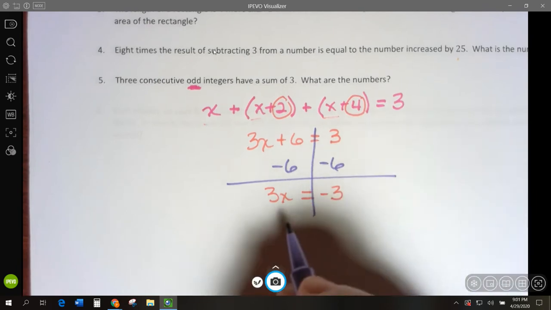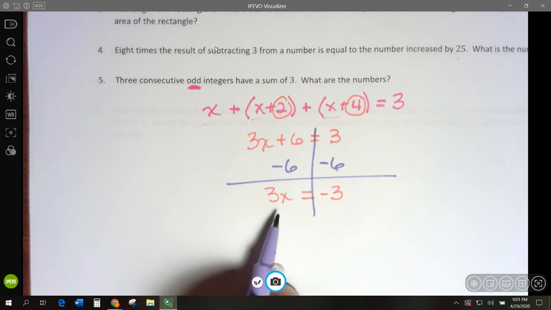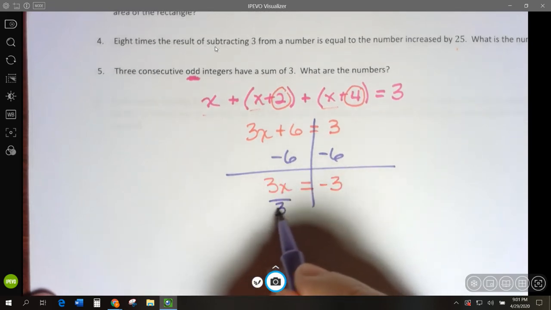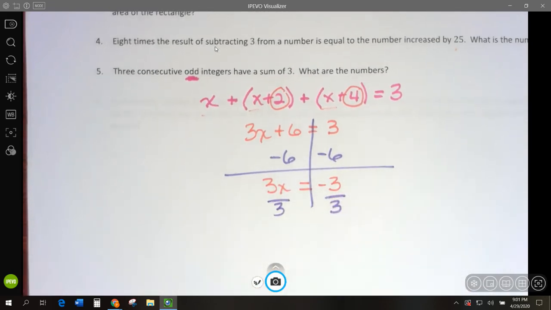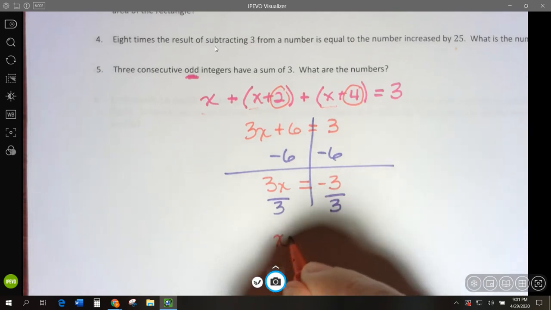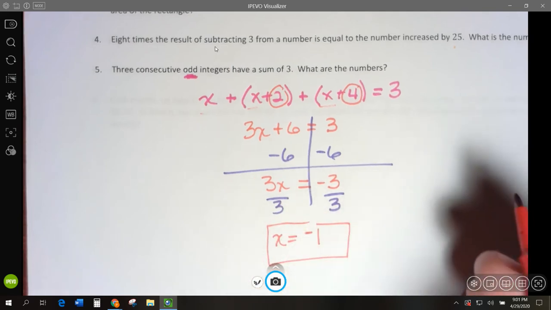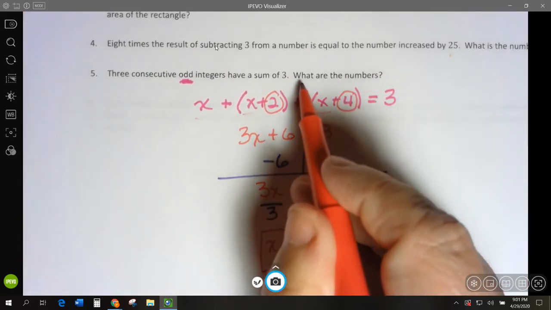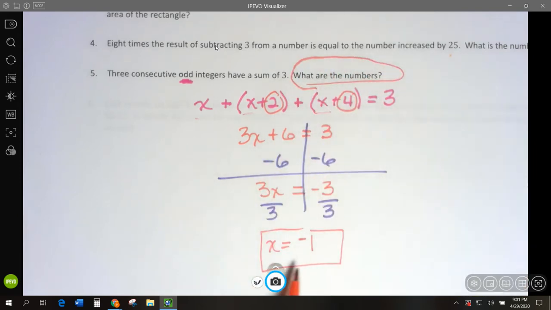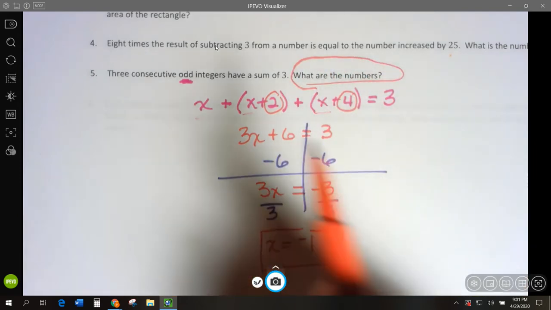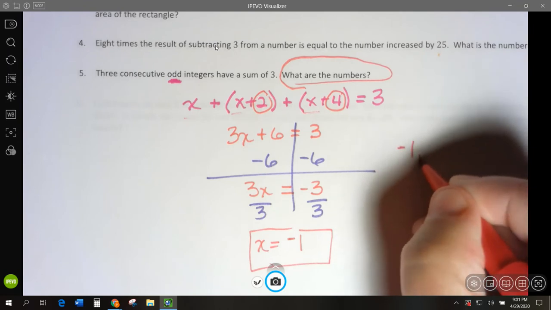And now, to get rid of our multiplication, I divide by 3 on both sides. And x is going to be negative 1. But they want to know what are the numbers. They want to know all 3 numbers. So if x is negative 1, our first number is negative 1.